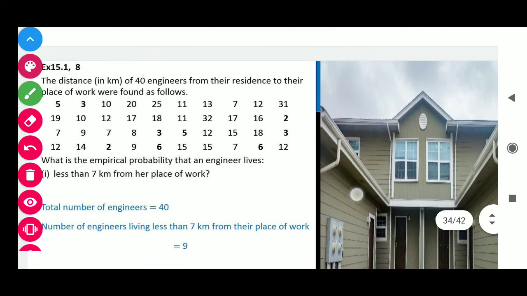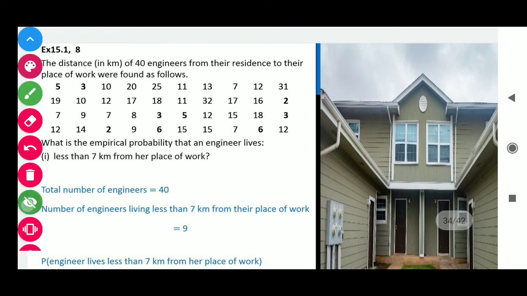So now here we have question number 8. The distance in kilometers of 40 engineers from their residence to their place of work were found as follows. Students, that means if we talk about a particular engineer, he lives from the place of work at 5 kilometer distance.